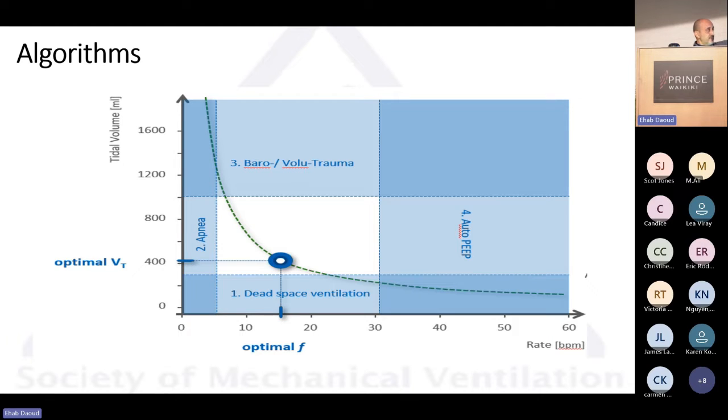If you're breathing very high tidal volume and probably high pressure, you risk barotrauma and volutrauma, forms of ventilator-induced lung injury, so that's not good either. And if you go to number 4, you're breathing very fast, you're going to probably develop auto-PEEP, which is not good. So according to this, the ventilator determines, okay, you should stay in the middle of that square.